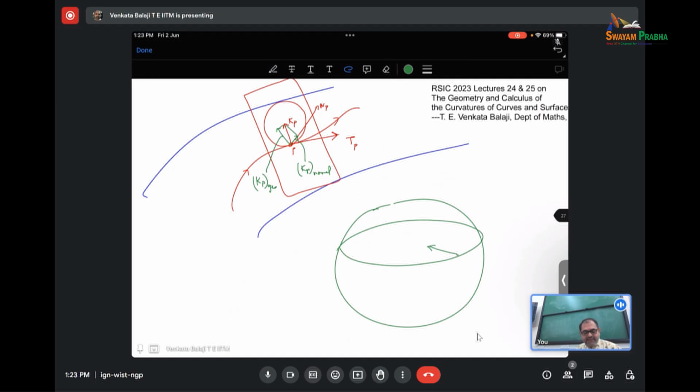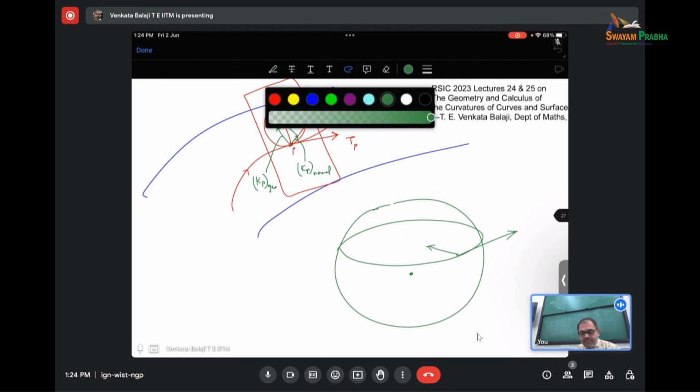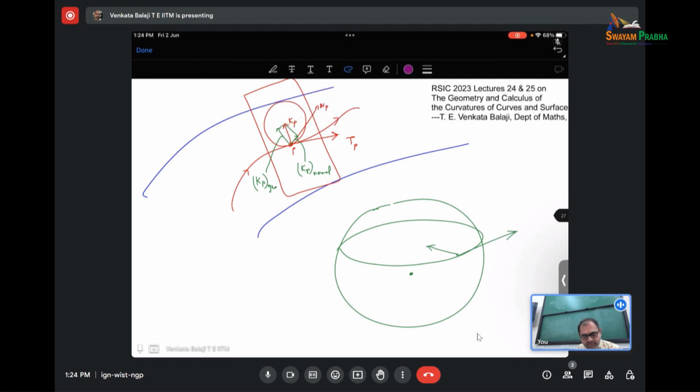But does this have, when does this have a 0 geodesic component? If and only if this circle is a great circle. Because the normal to the sphere at that point will be like this. If this is the center of the circle, the curvature vector will be like this. And this vector here has two components, as you can see. If I extend it like this, I will get a component in this direction.